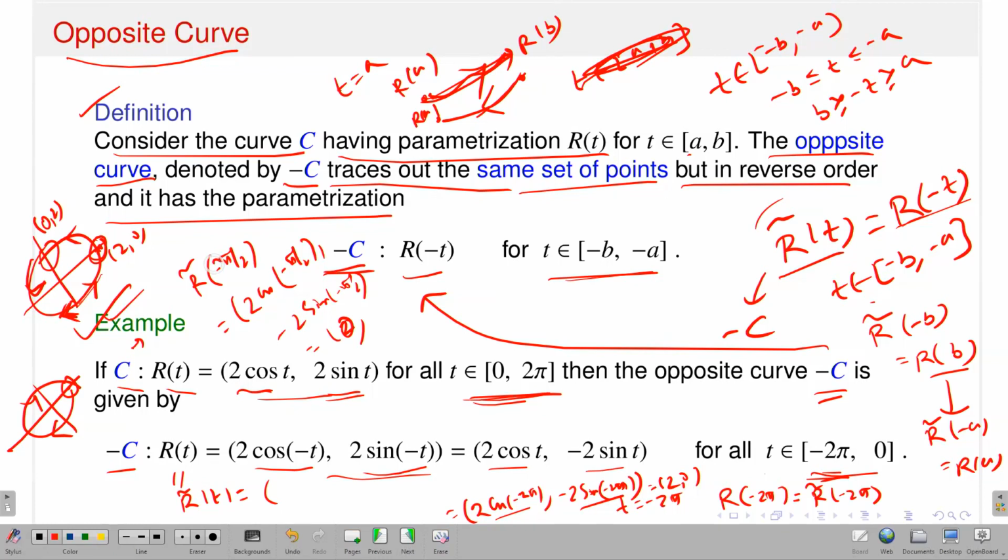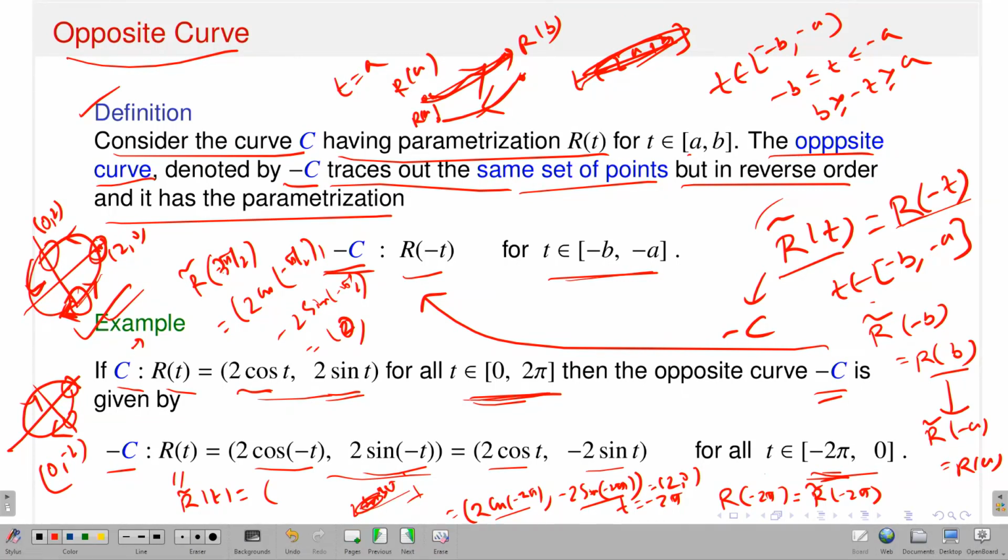I am not doing the full calculation here, but you can check. The first component will be 0, since cosine of minus 3 pi by 2 is 0, and the second is minus 2 times sine of minus 3 pi by 2, that is, 2 sine 3 pi by 2, meaning pi plus pi by 2. Yes, you can check it, this will be correct.